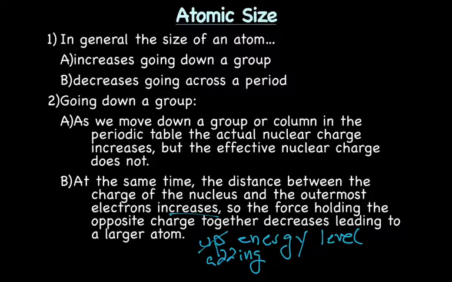Okay, so at the same time, the distance between the charge of the nucleus and the outermost electrons increases, so the force holding the opposite charge together decreases, leading to a larger atom, right? And this point has to do with what? Coulomb's law.